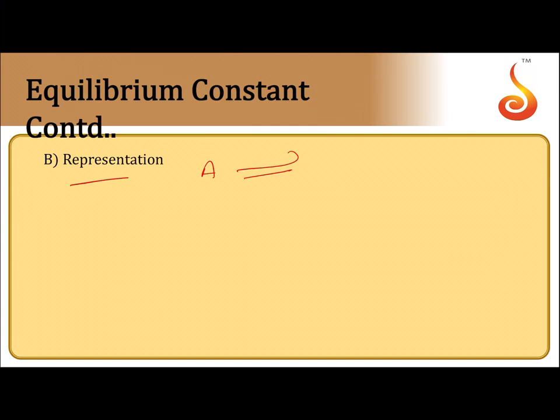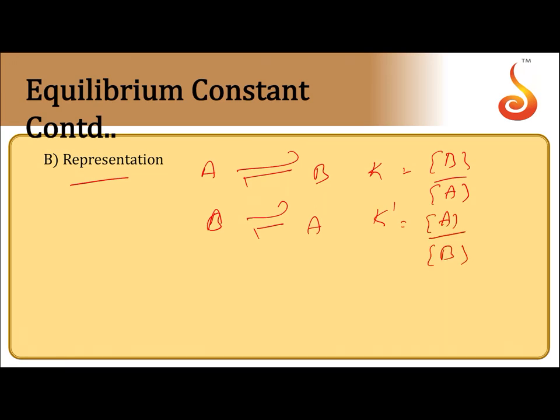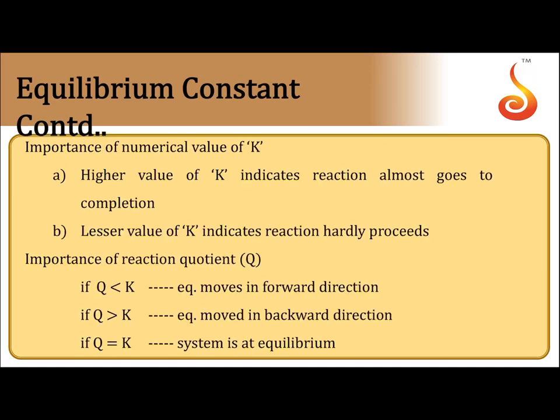Suppose you take a reaction like A to B, then the equilibrium constant K is the concentration of B by A. If you represent it the reverse way, B giving rise to A, then K dash will be the concentration of A by the concentration of B. So if we reverse the reaction, the equilibrium constant becomes the inverse, K dash equals 1 by K. This is how the numerical value depends on the reaction.